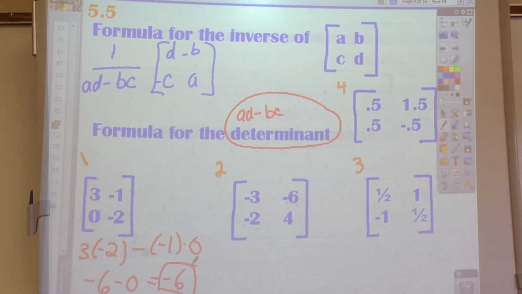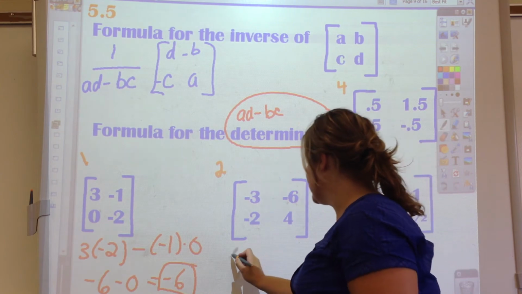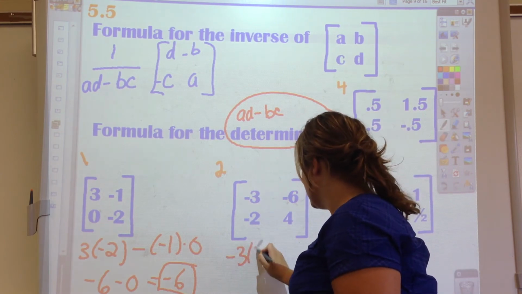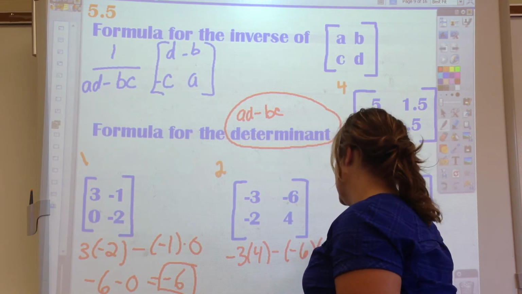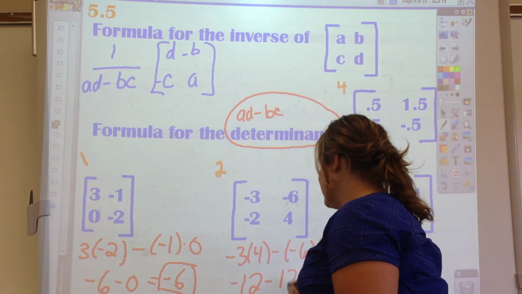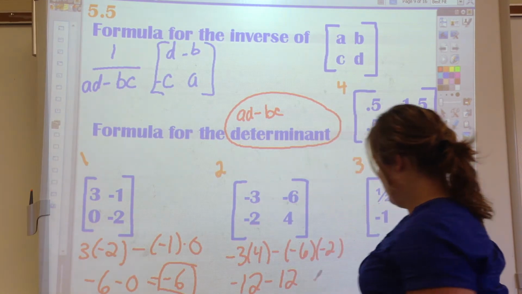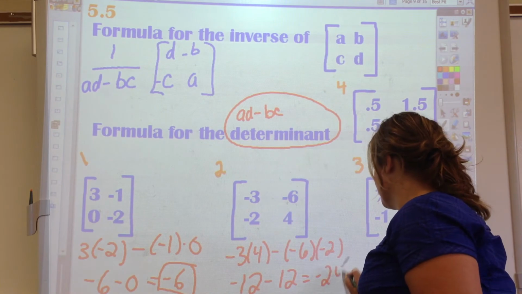If you're brave, go ahead and pause your video and try number 2. All right, to find the determinant of this matrix, I get negative 3 times 4 minus negative 6 times negative 2. Here I get negative 12 minus a positive 12, which gives me negative 24.